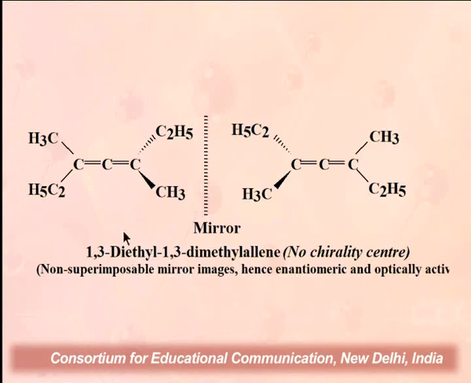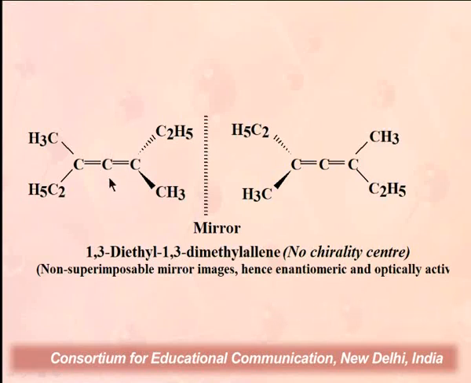See, what we mean here is that this carbon is sp hybridized, and I have taken here the example of 1,3-diethyl-1,3-dimethyl allene. So when we look into this structure, we find that this carbon is sp hybridized. So if it is sp hybridized, the 2 pi bonds being formed are at right angles to each other.